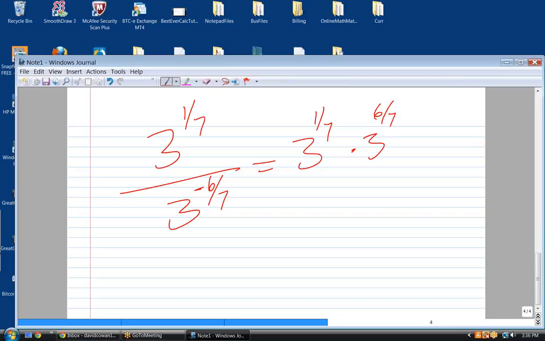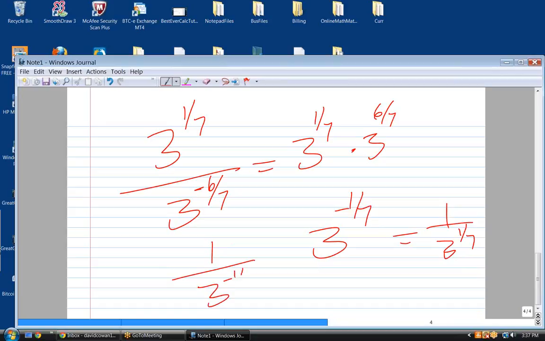If it's negative, you can move it to the other side. Or if you move it to the other side of the fraction bar, you have to change its sign. Either way. But, I mean, I know a lot of people know that that is 1/3 to the 1/7. But not everybody would know that that is the same as 3 to the 1/7.